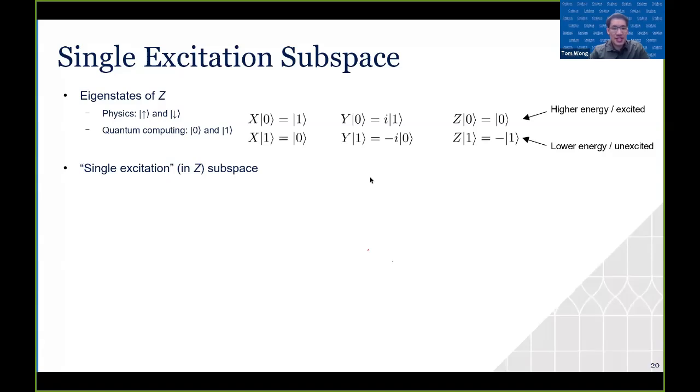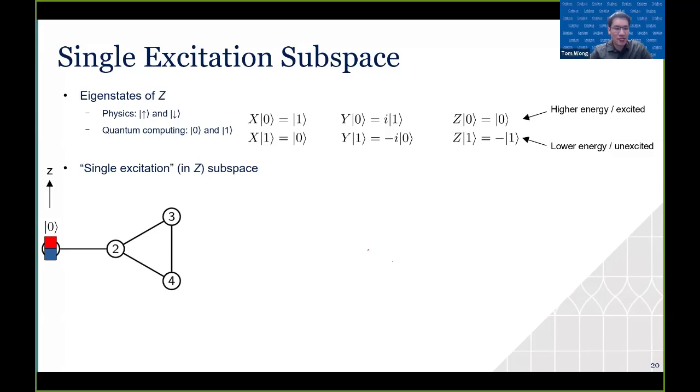All right. So again, we're going to be working in a single excitation subspace. For the graph we have here, I'm going to pick Z to be pointing upward just so I can draw this more easily. We could have this single excitation at vertex 1, as one example. So here we have this magnet pointing up along Z, so that magnet is in the 0 state.